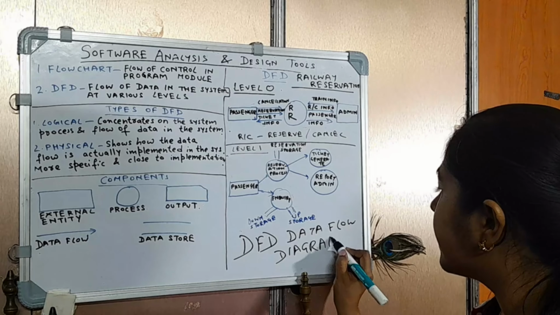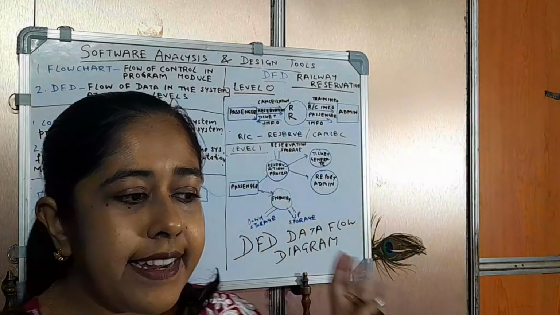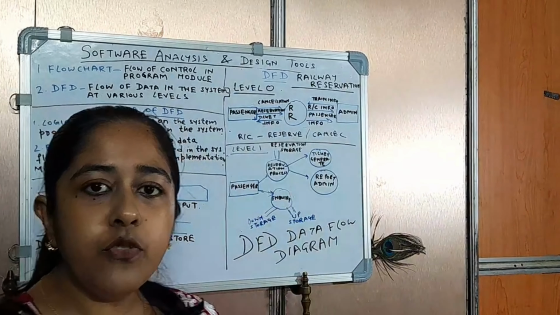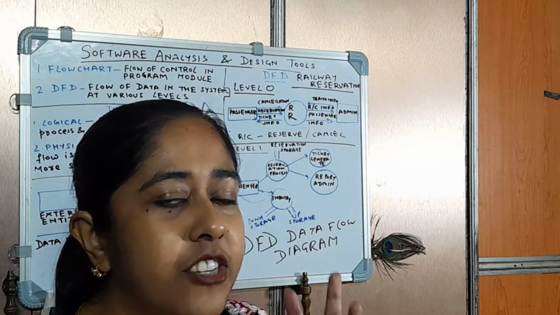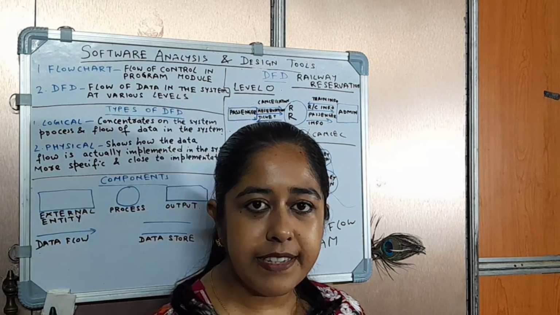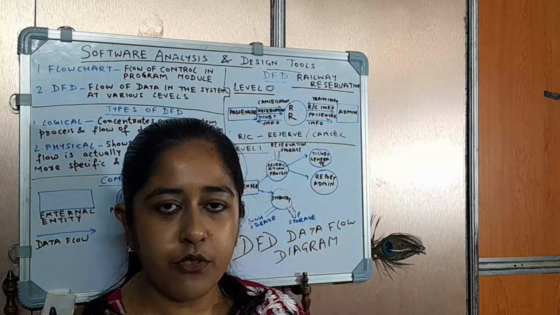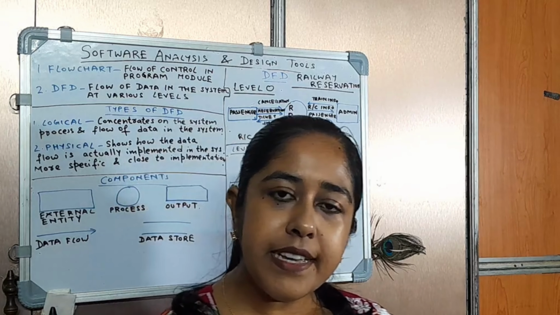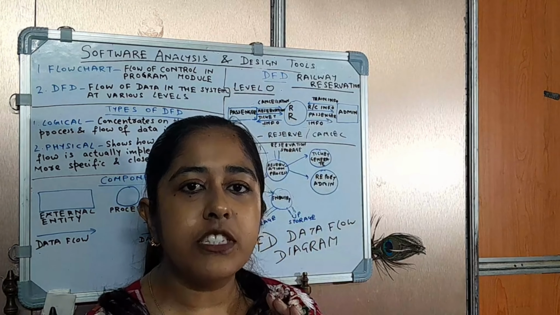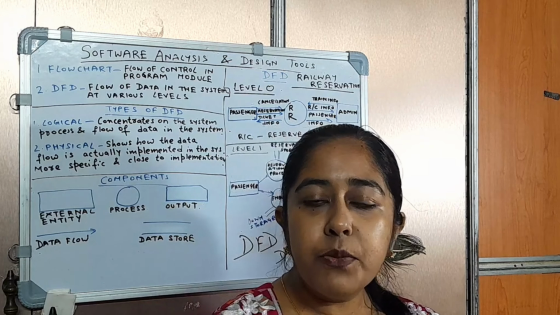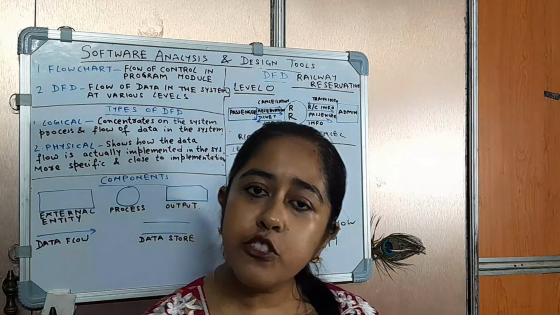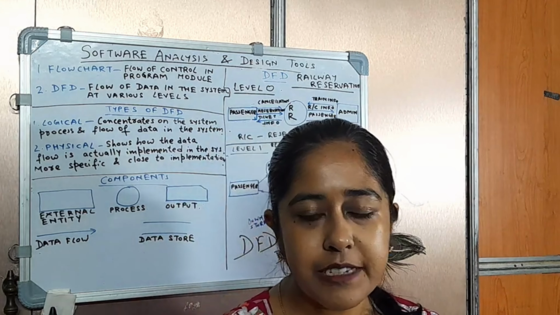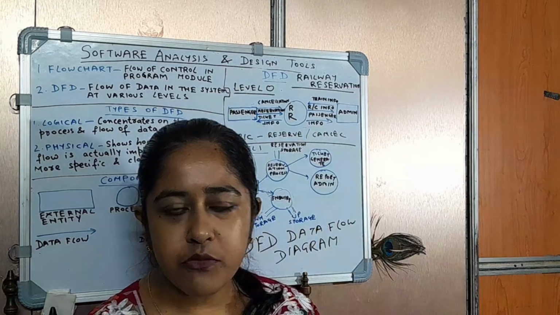As the name already suggests, in a data flow diagram we have three things which we are going to study. We store the input data, the output data, and the storage data. Storage means whatever data is going to be stored in a particular system, along with the input and output data.